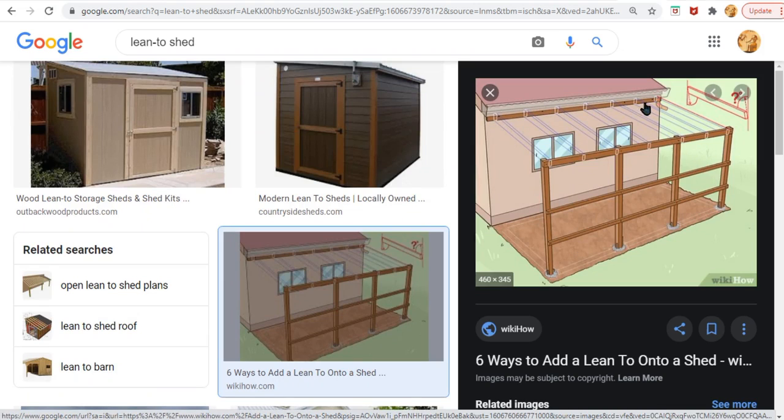You put a ledger up here, and you only have to frame it up on one side, and your rafters would just use the support of the existing structure. You don't have to have framing on this side. This is a lean-to. It leans to. You just have a ledger over here, and your rafters will sit on top of that.